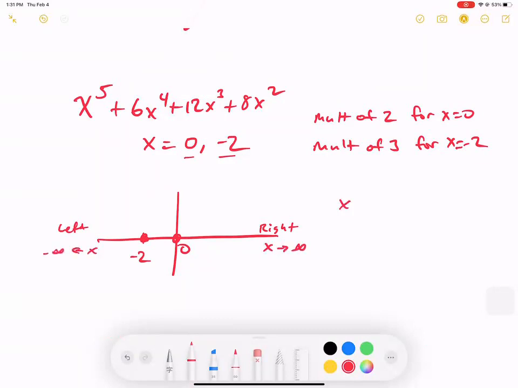On the right side, as x goes to positive infinity, where does y go? Does y go to plus or minus infinity? Is this going to shoot up or shoot down? All these polynomials have to go either to infinity or negative infinity. So let's go back and look at the original problem. We know that numbers on the right are all positive, aren't they? So what is a positive times a positive times a positive times a positive times a positive?